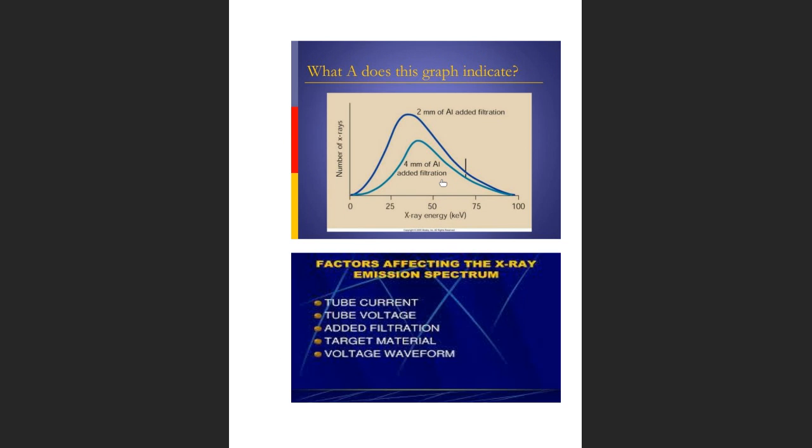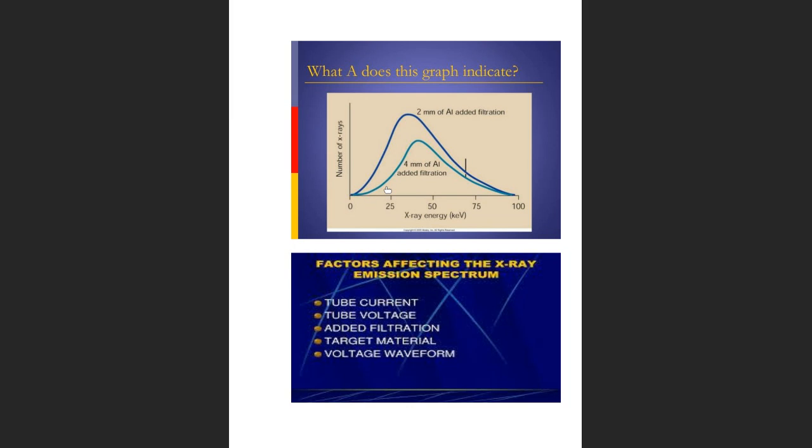Well, it affects quantity, and the only way that it actually affects the energy is, you see all these X-rays that were available over on this side that were all lower energy X-rays. Okay, they're all gone. So it made it a harder beam because it got rid of all these low energy ones before you hit this level.